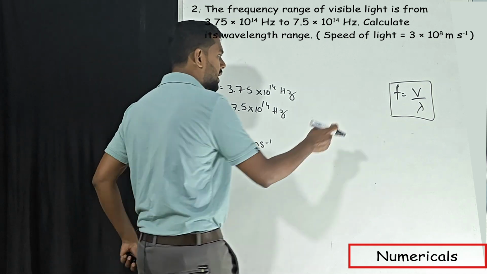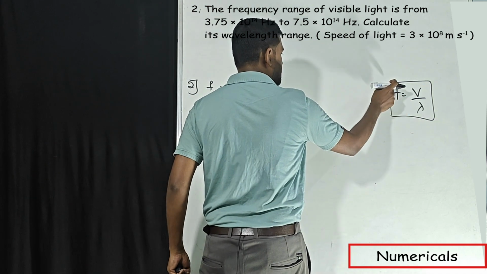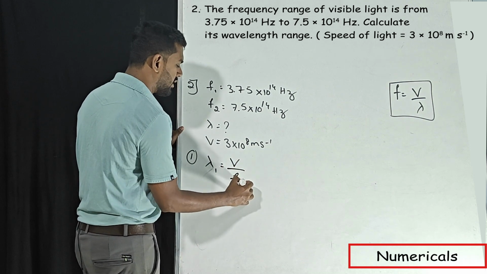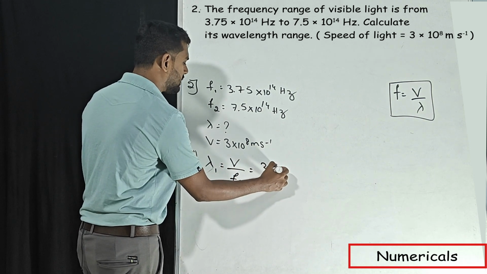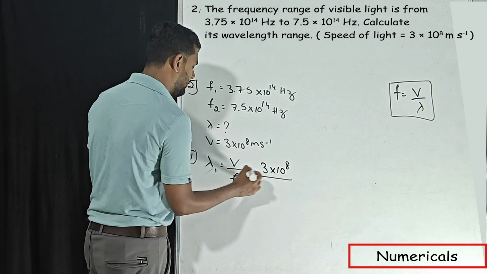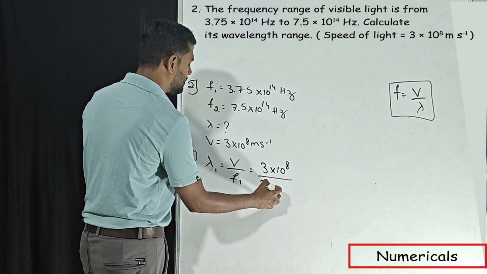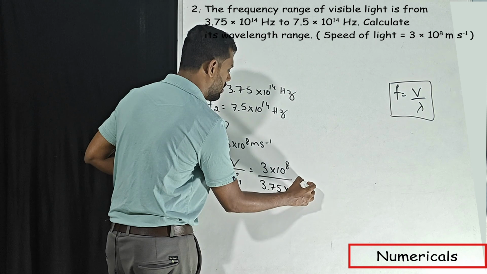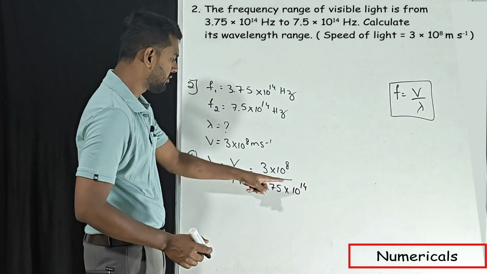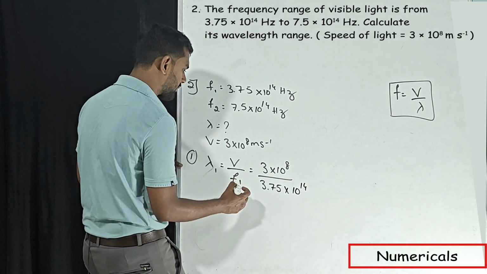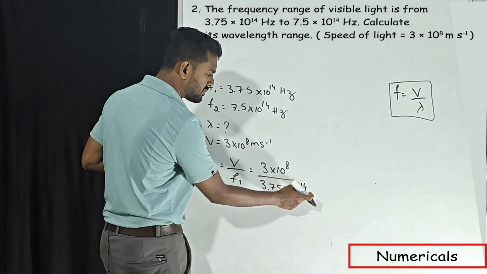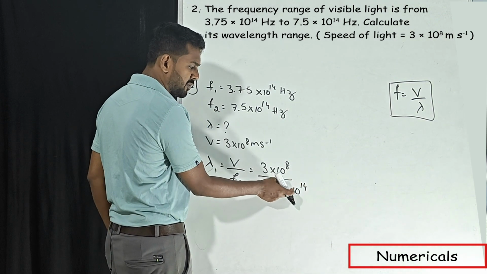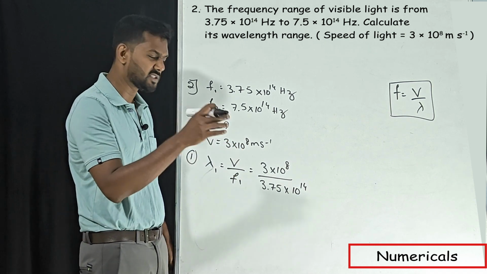How can we find lambda? To find lambda, we send the frequency to the other side. So lambda 1 becomes velocity by f1. What is velocity? 3 into 10 power 8 divided by the frequency, 3.75 into 10 power 14. If you send this prefix to the numerator, it becomes minus: 10 power 14 becomes 10 power minus 14.